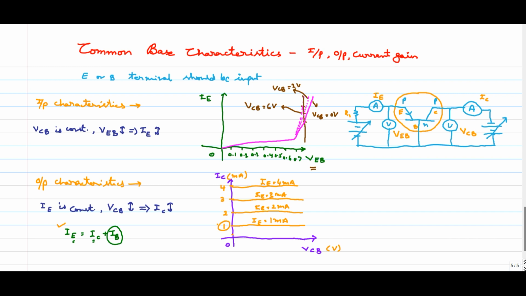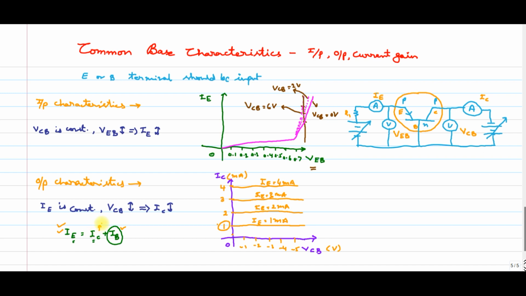Now what exactly happens here? VCB is reverse biased in nature, so let me take its values -1, -2, -3, -4, -5. As VCB is increasing, IC should also increase, because even though IE is constant, IB is also almost constant.